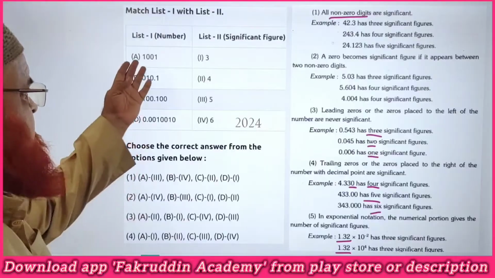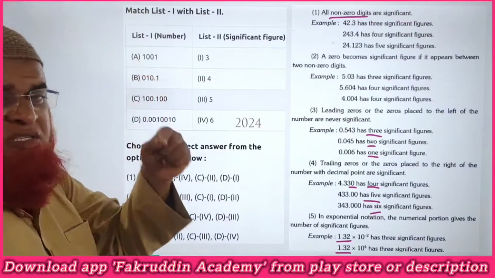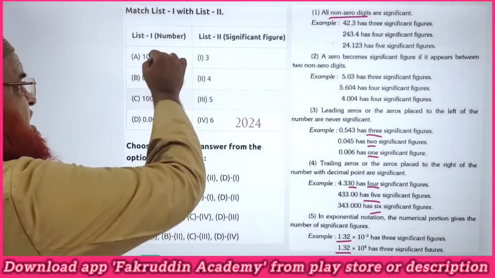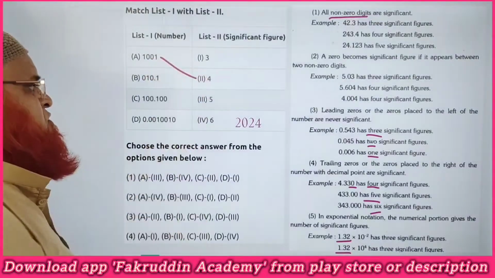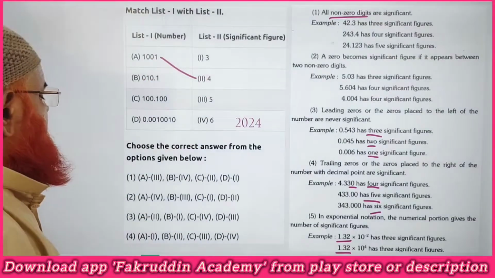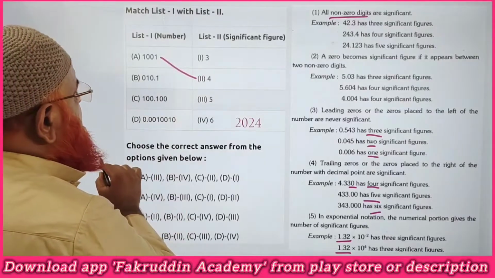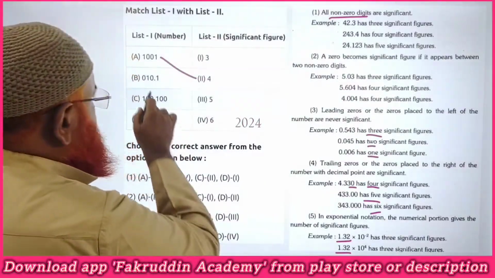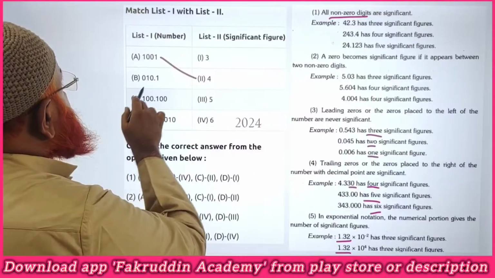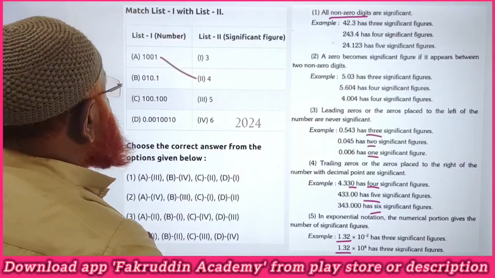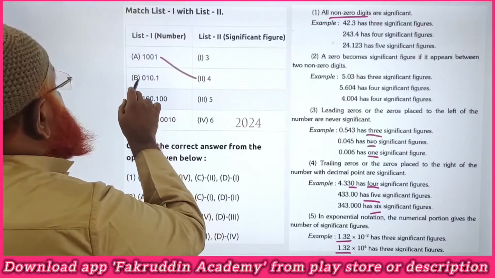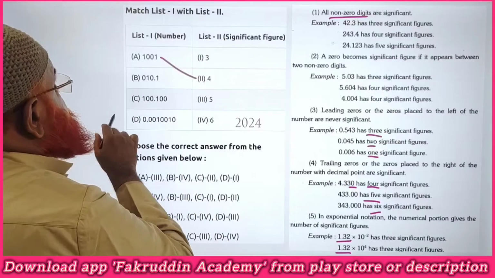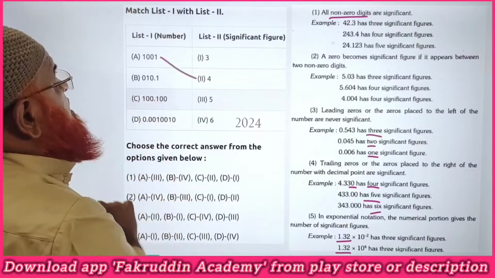For example, here zeros are present between non-zeros, so it is having significance. So it is 4. Next, if you observe B, how many significant figures are there? B is 0 1 0 1.